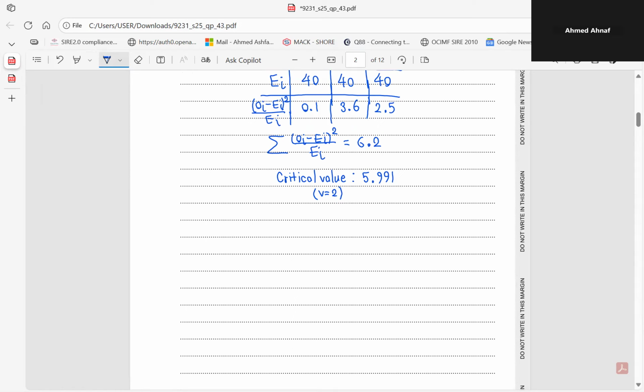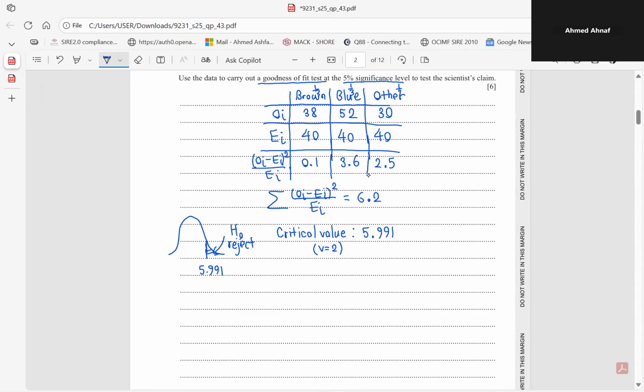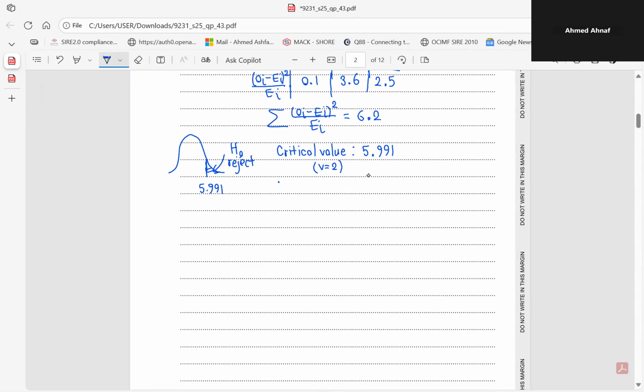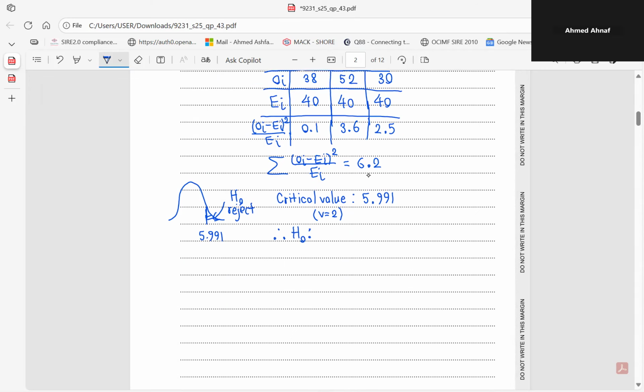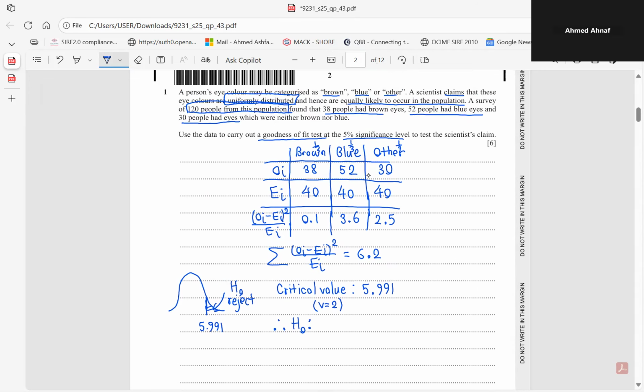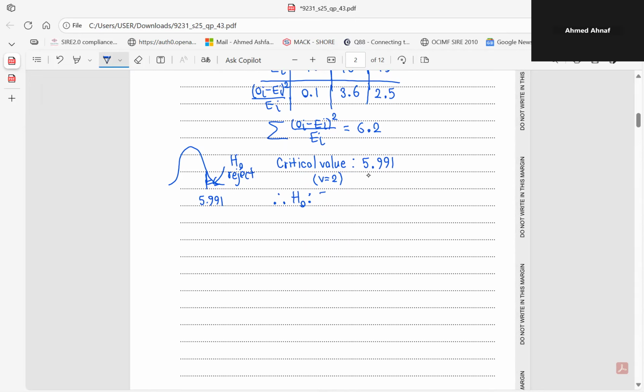For the chi-square distribution, if this is your critical value, this would be your rejection region, where you reject your H naught. Oh shoot, we forgot to define our hypotheses. The null hypothesis is that eye colors are uniformly distributed.